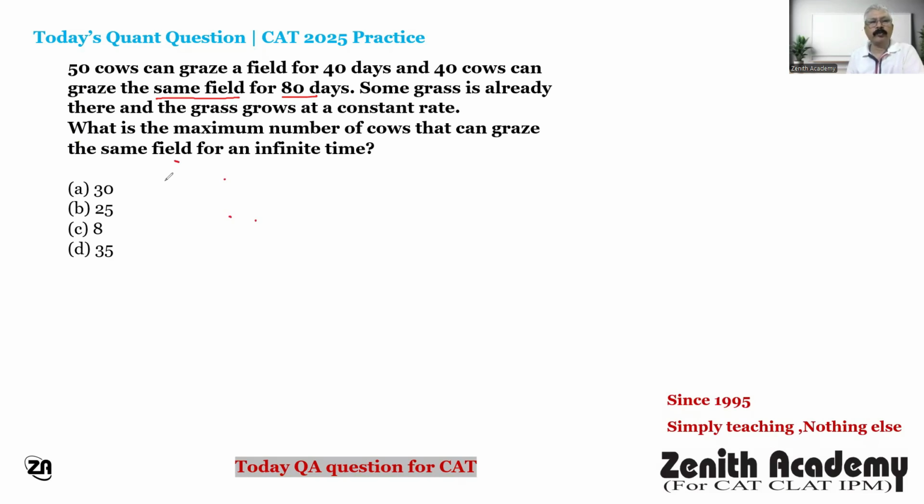So look here in this question, when 50 cows take entry, some grass is already present, plus a certain amount of grass grows daily.